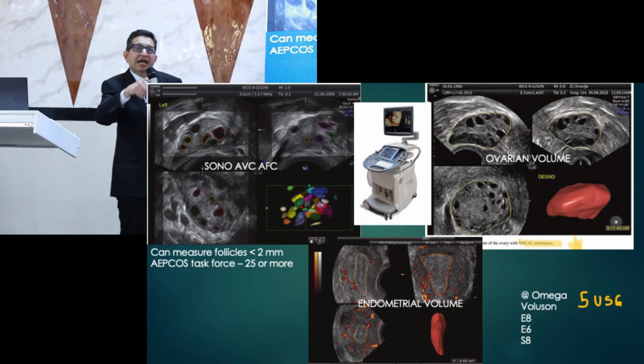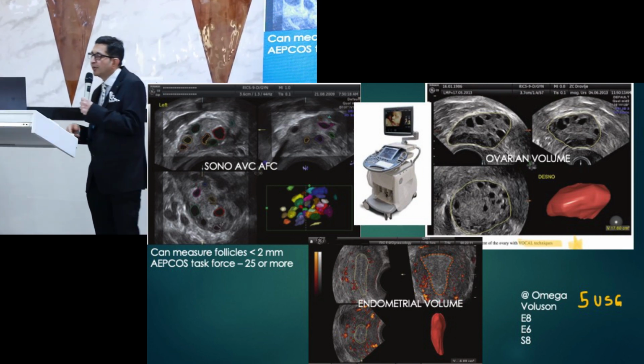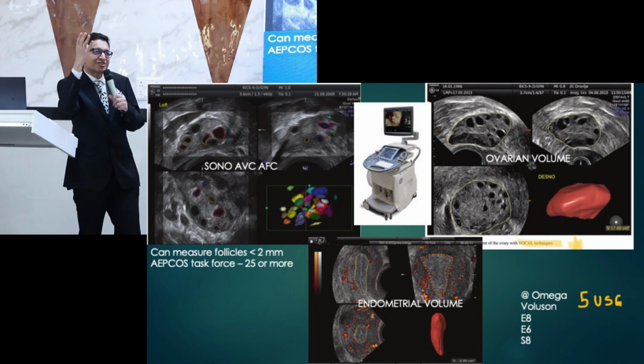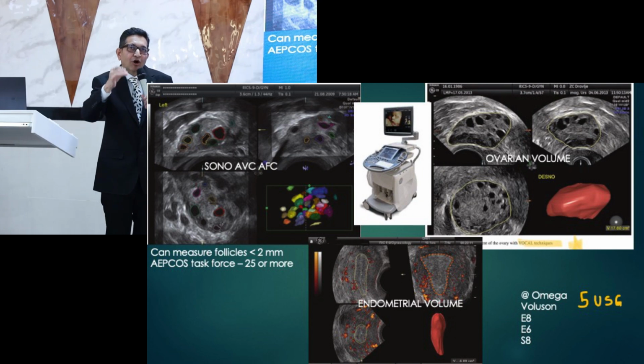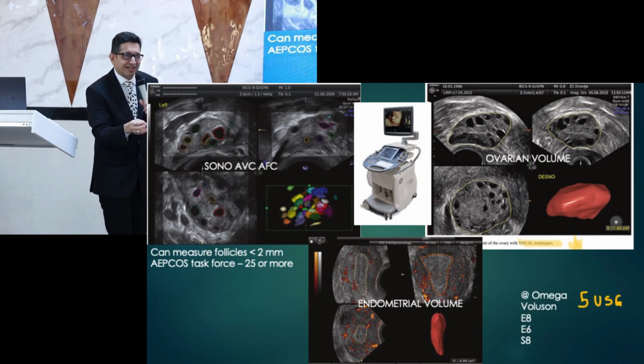That is why I said as the machine resolution is increasing, the number is also increasing. We at Omega, we are having 5 USG machines, and we have Voluson E6, Voluson E8 and Voluson S8. All these machines are wonderful machines, and they give you so many features and so many applications that you can very easily count the number of follicles.